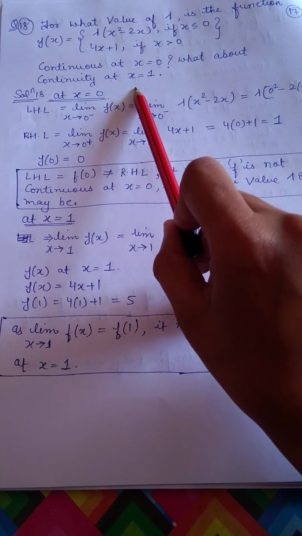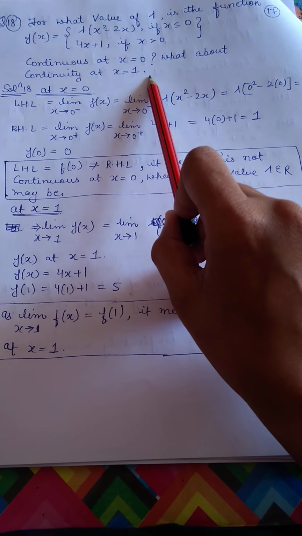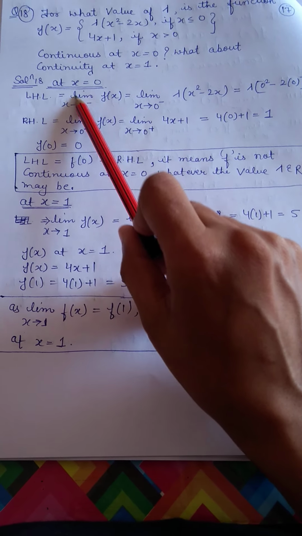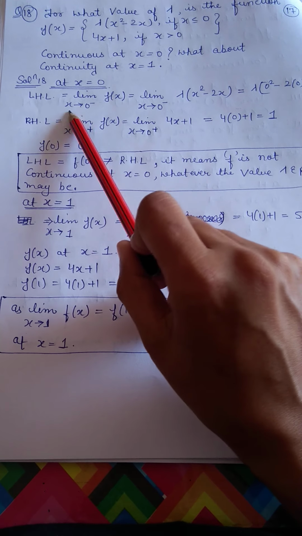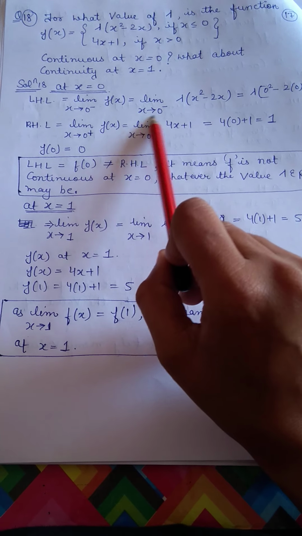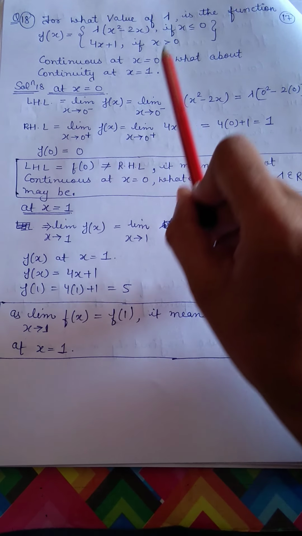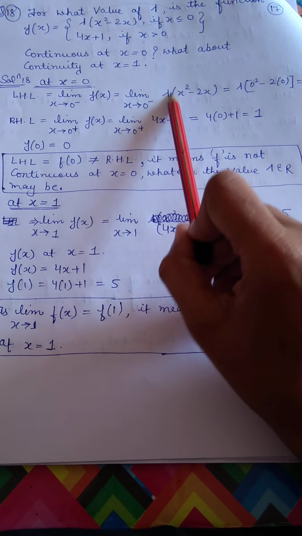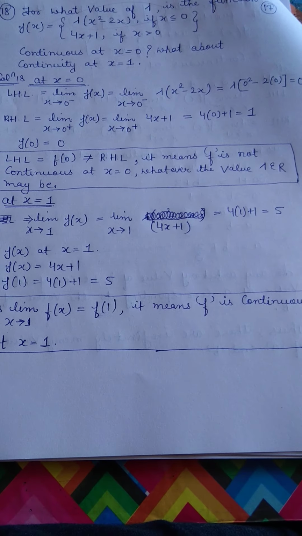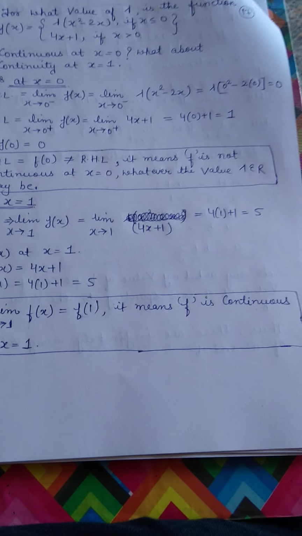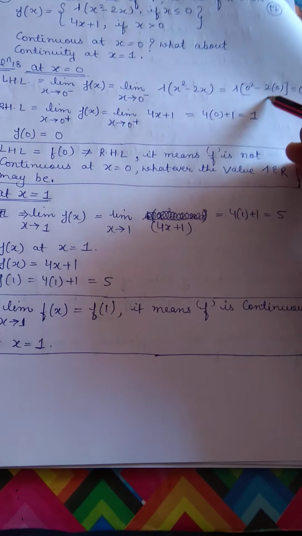Bachche, LHL is equal to limit f(x), x tends to 0 negative. Where is negative? In this. So I have used this function lambda x square minus 2x, and when I put the values, I will get the final answer, that is 0.